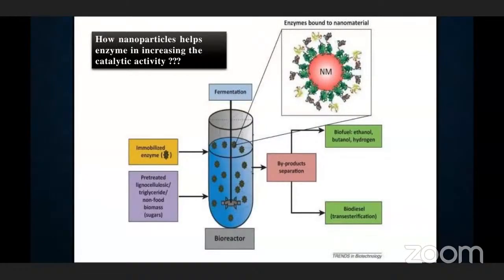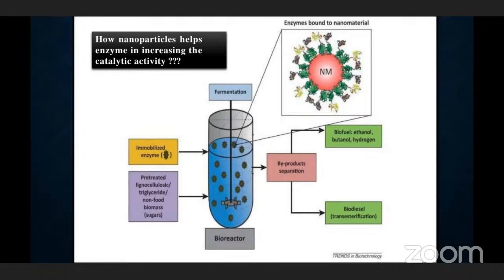How will they actually do this? In the fermenter or bioreactor, we have the pre-treated lignocellulosic, triglyceride, or non-food biomass sugars. In that, we have a nanomaterial or nanoparticle along with the enzymes bound to it. So the enzymes are immobilized on the nanoparticles, and we add these immobilized nanoparticles.